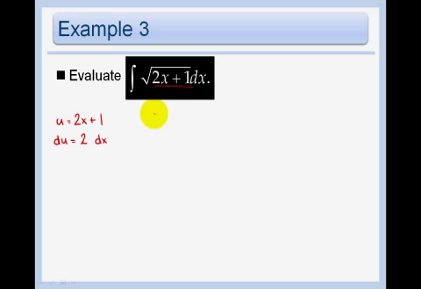And so we had the antiderivative of, that's just u to the 1/2 times, oops, we just wanted a dx. So we are going to have to divide both sides by 2. And so we can substitute, instead of dx, we can substitute in a 1/2 du. Take that constant out.